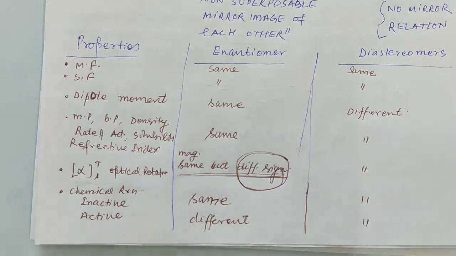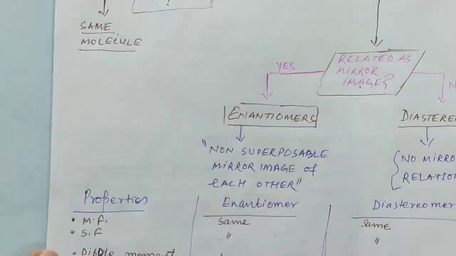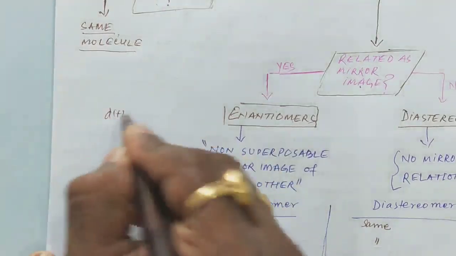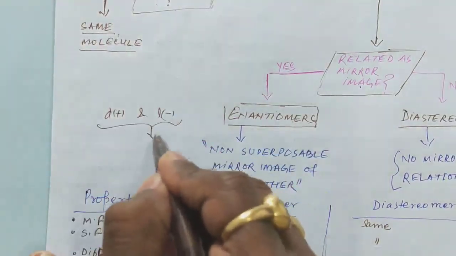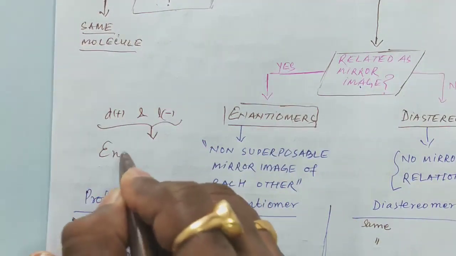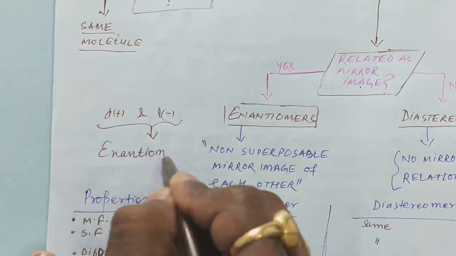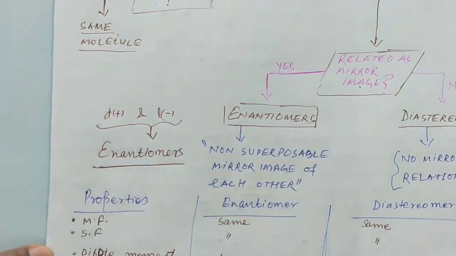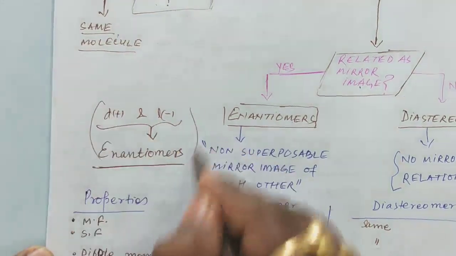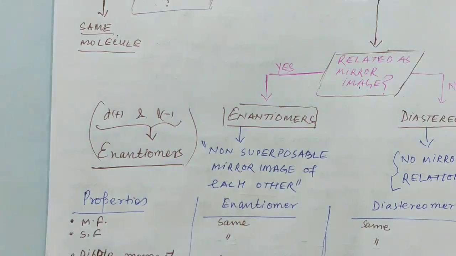D plus and L minus with the same molecular formula are said to be enantiomers. Right? So enantiomers are the non-superimposable mirror images of each other, and diastereomers have no mirror relation with each other.